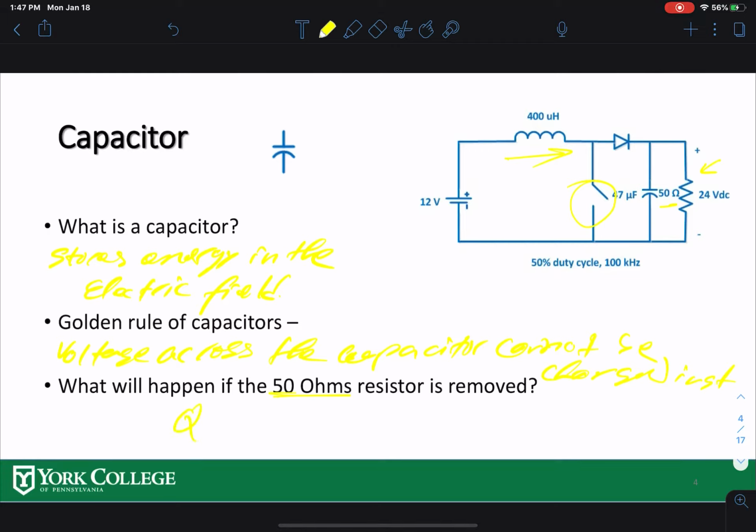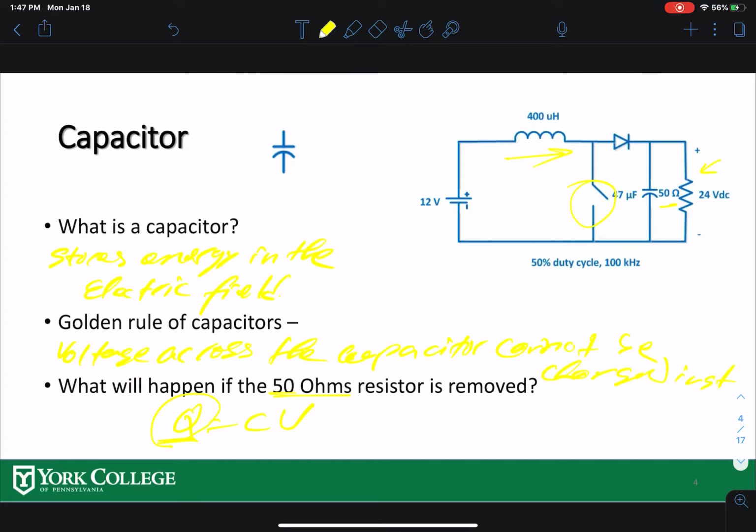Q equals CV, so a capacitor can only hold so much charge. Because energy is pumped continuously and the capacitor has no other way of dissipating it, the Q limit could be exceeded and the capacitor would be destroyed. That's the reason you need a 50 ohm resistor across the capacitor to discharge the charge.